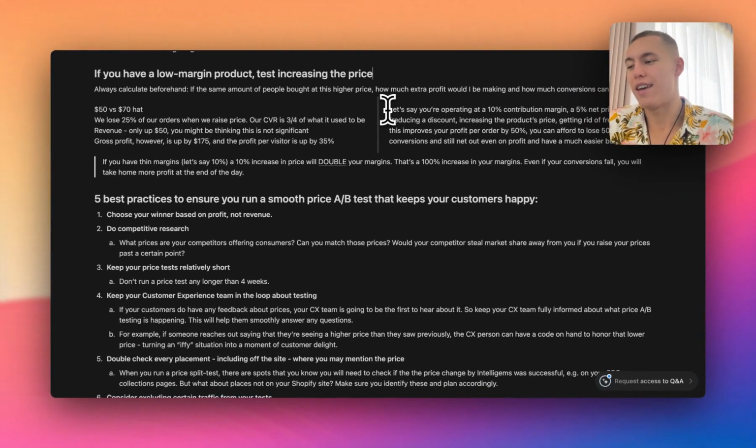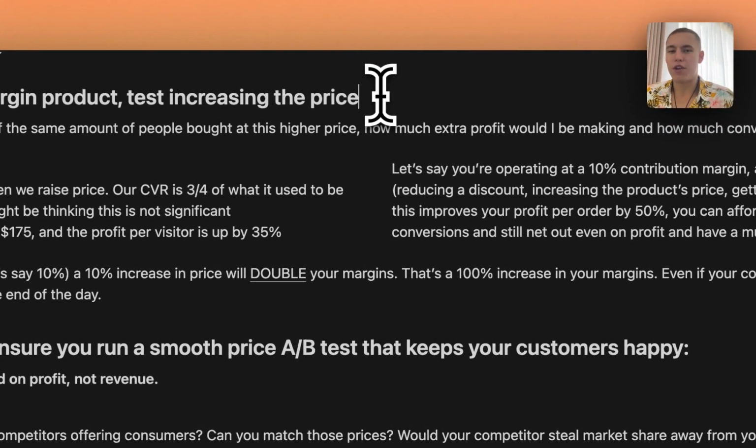Second, and maybe a more scary approach, is increasing the price, right? But if you are low on margins, it could be a good test. Worst case scenario, you don't like what happens, or you see very negative feedback or a drop in profit, you can just change it back.